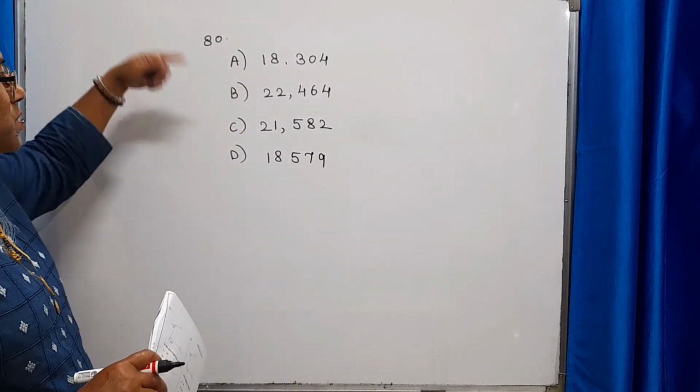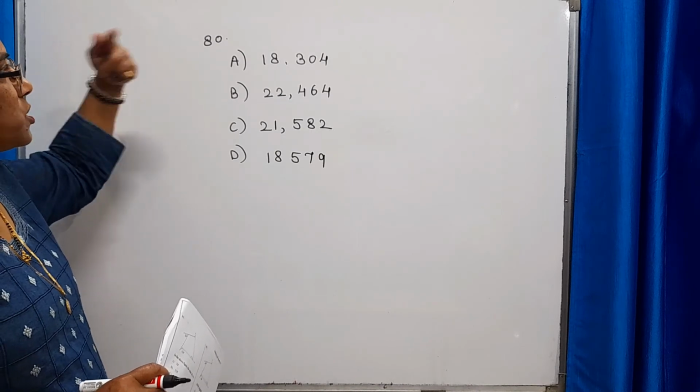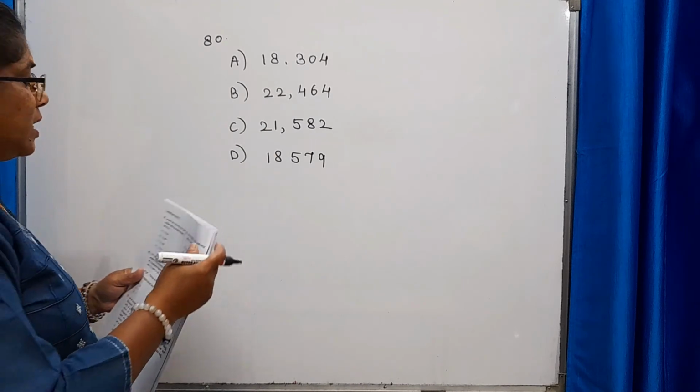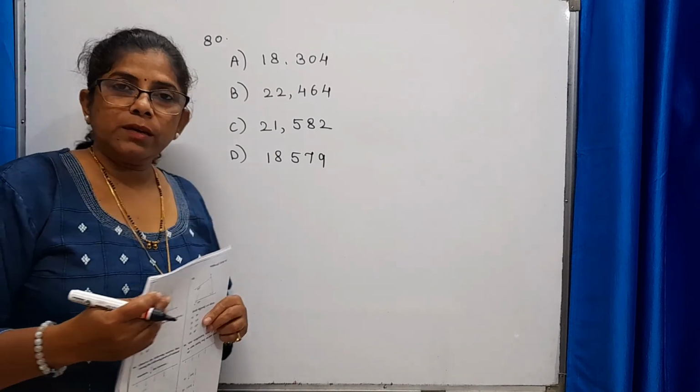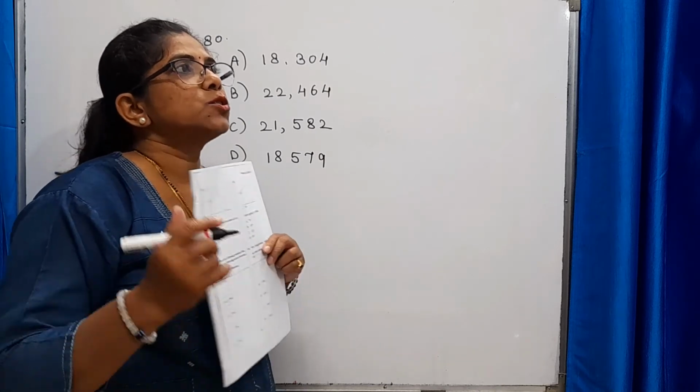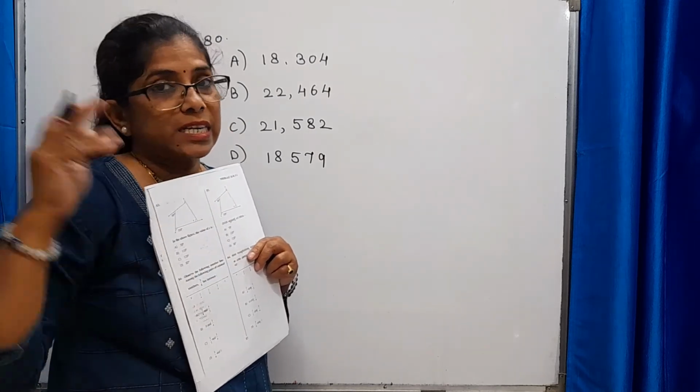From all these 4 options, option A, that is 18,304, is the least number. So let's check whether it is divisible by 3 and 11. For this, you must know the divisibility test.